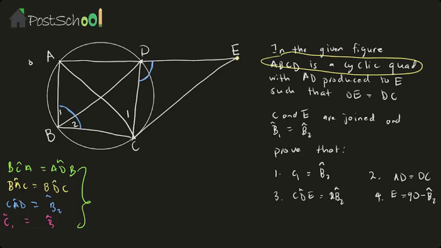You must never confuse this. These are not opposite, because A and D are on the same line. And you also cannot say that one, because D and C are also on the same line.